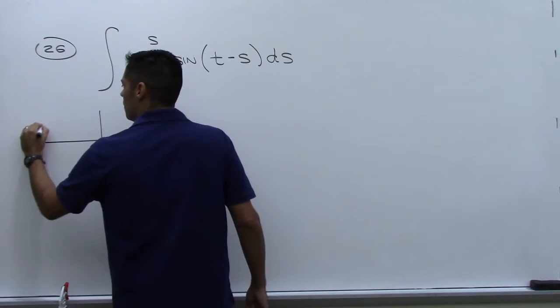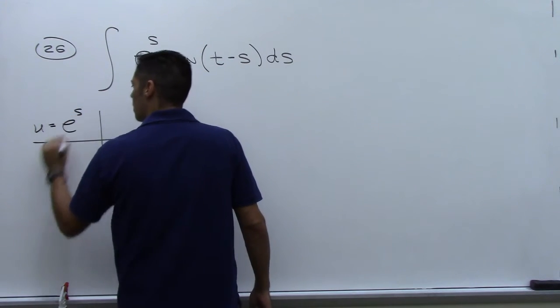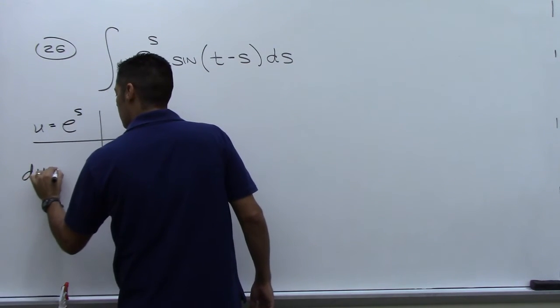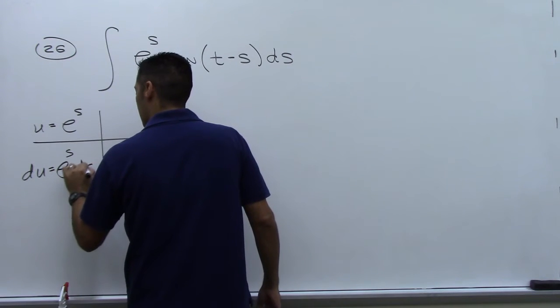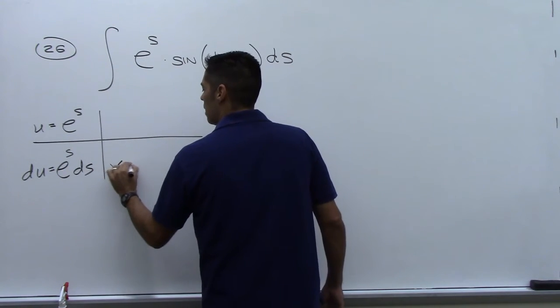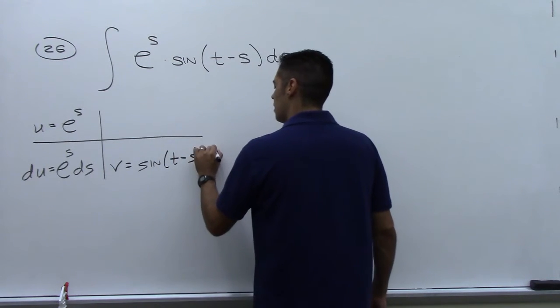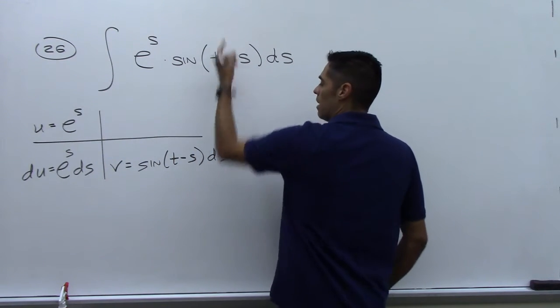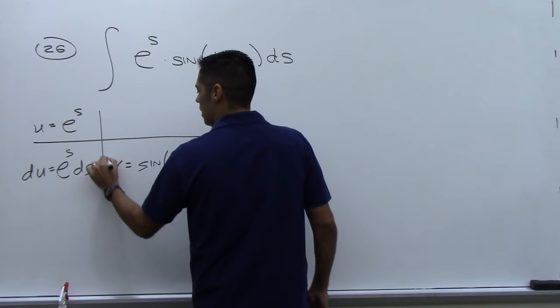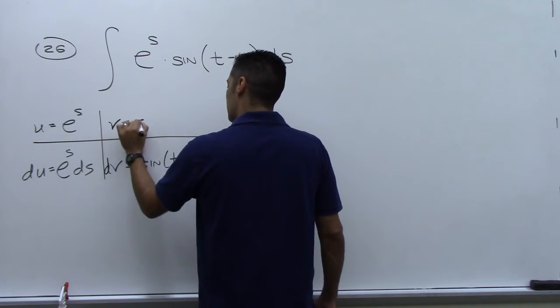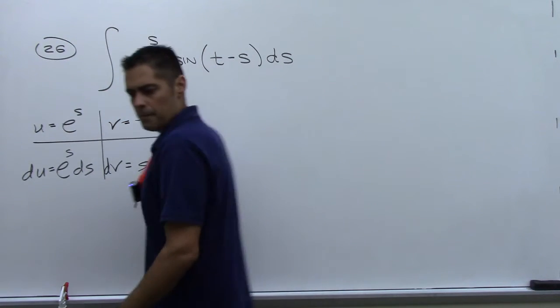I'm going to let u be equal to e to the s. du is e to the s ds. dv is sine t minus s ds. And integrating up, we get v is equal to negative, hold on.